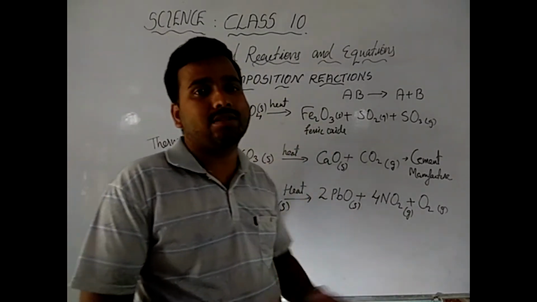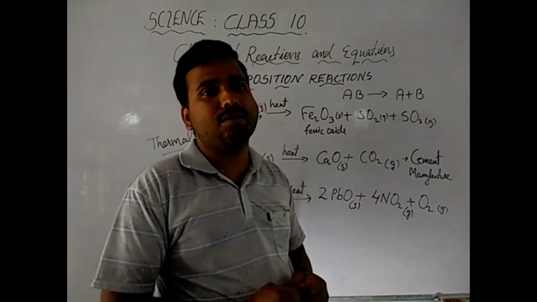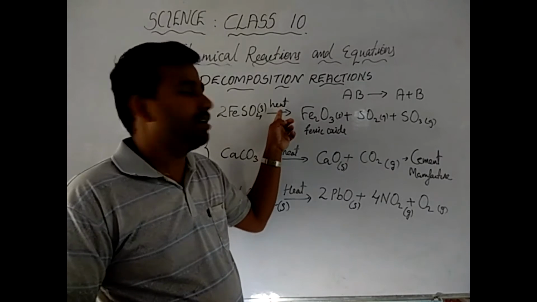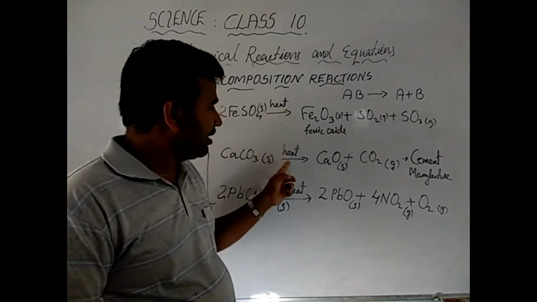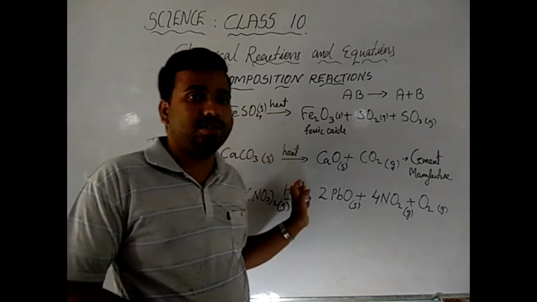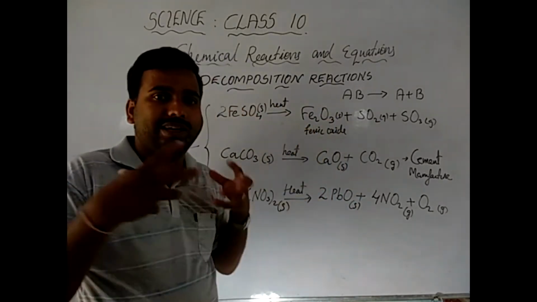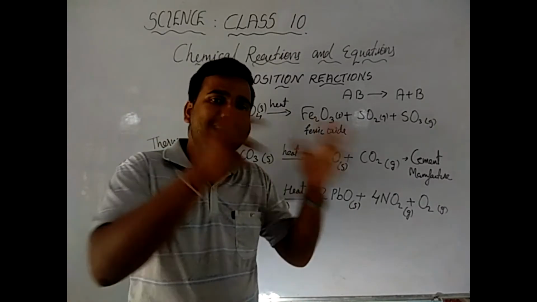These are some examples of decomposition reaction. Look at all these equations: above the arrow mark we have written heat. What does it signify? In order to carry out all these reactions, we need to supply heat energy.